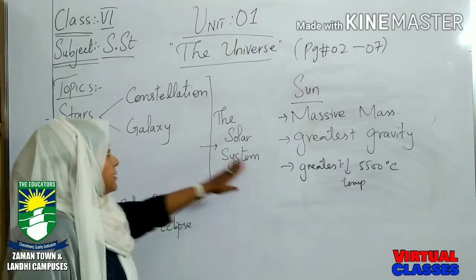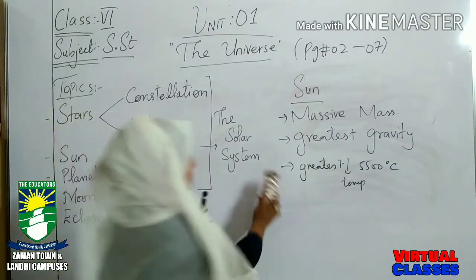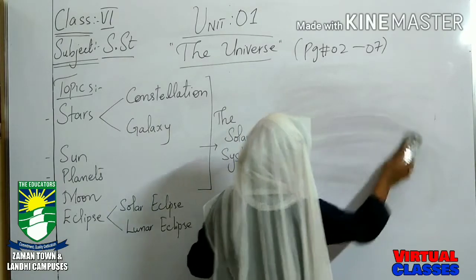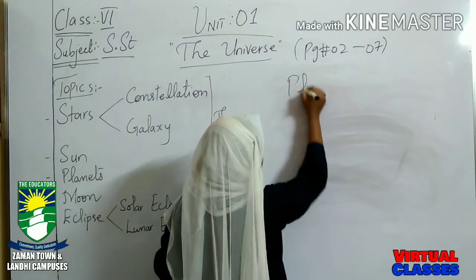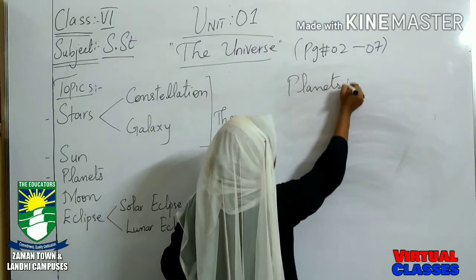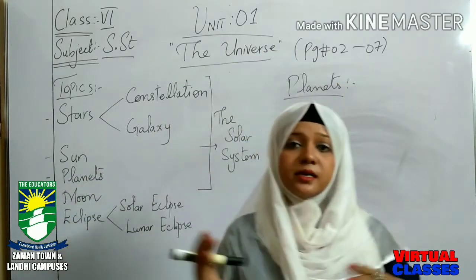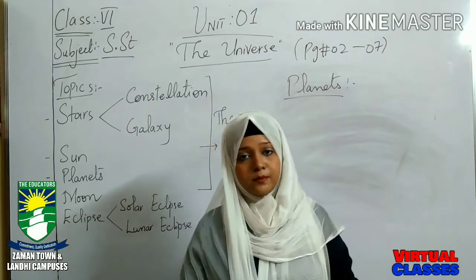Alright? Now, coming towards the planets. How are the planets formed? Planets are formed from the dust particles and the cosmic rays of the nebula.